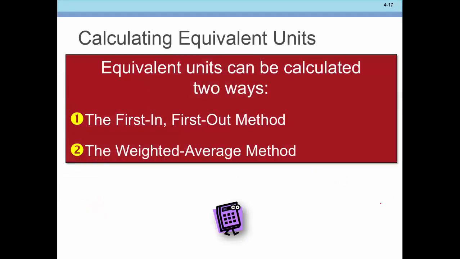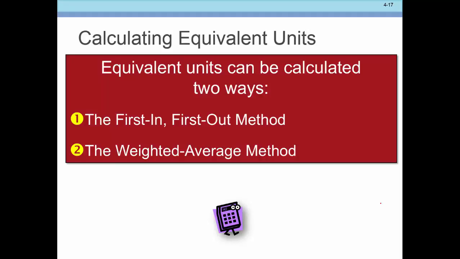And so let's talk a little bit about the two different methods used to calculate equivalent units. One is called weighted average. The other is first in, first out. So two methods, very similar to what we learned about in our accounting business 101A. We talked about weighted average. We talked about first in, first out, right? Which one do you like better? First in, first out.